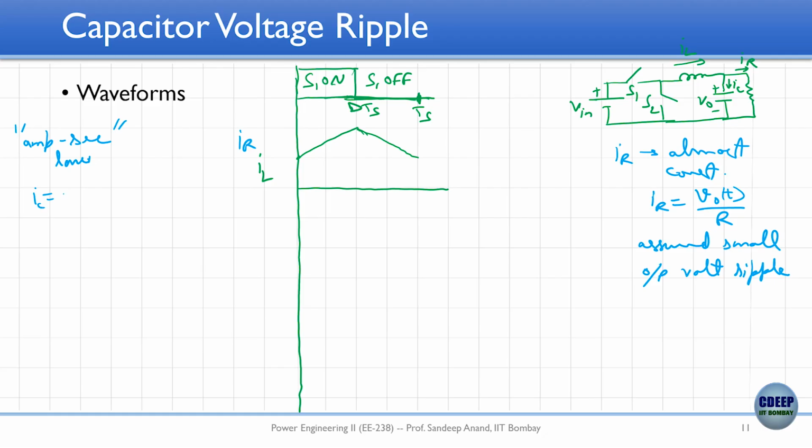Maybe capacitor, yeah, because the previous one happened for inductor, must be capacitor now. So IC is equal to C dVc by dt, right?